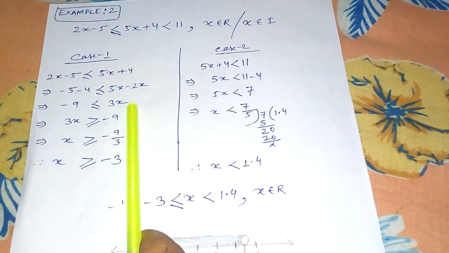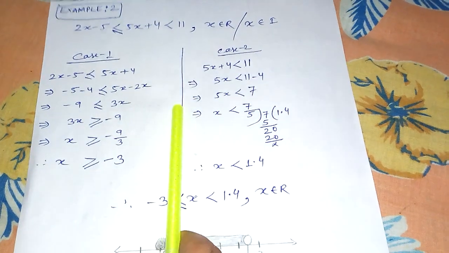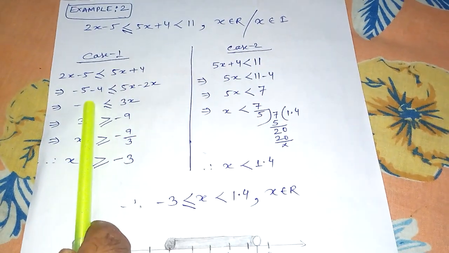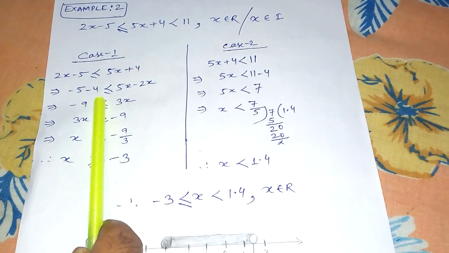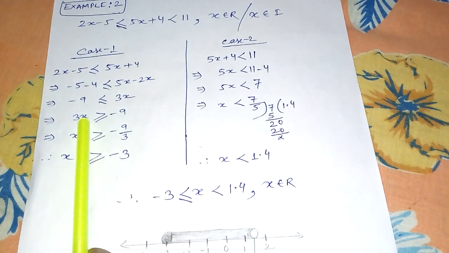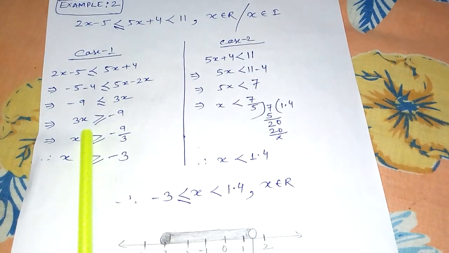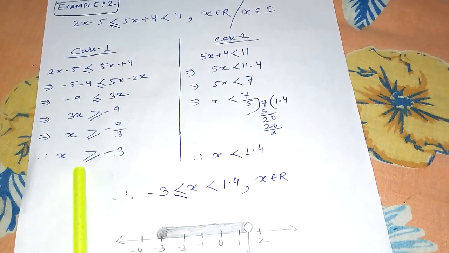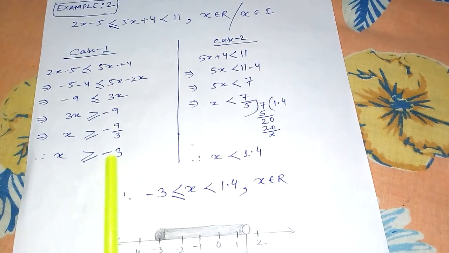So to make it positive x, I shifted 2x that side, and here it is 3x. Here let the number be negative, no problem. Minus 5, minus 4, minus 9. But x should be positive. But x is on the wrong side. When I bring this side, automatically the symbol changes and minus 9 goes that side, and as a result we get x is greater than or equal to minus 3.